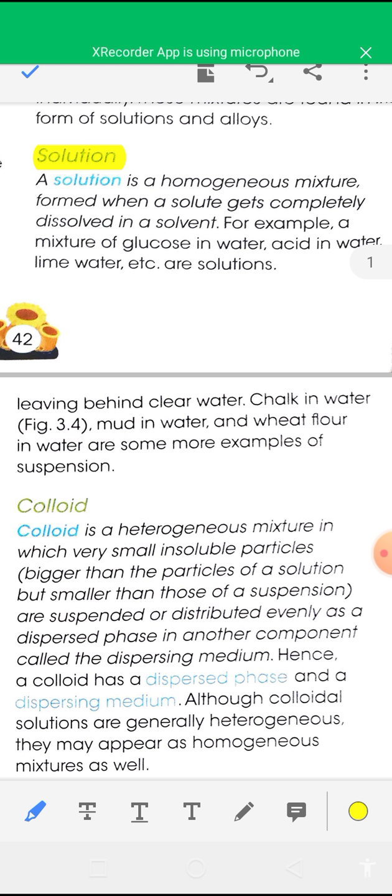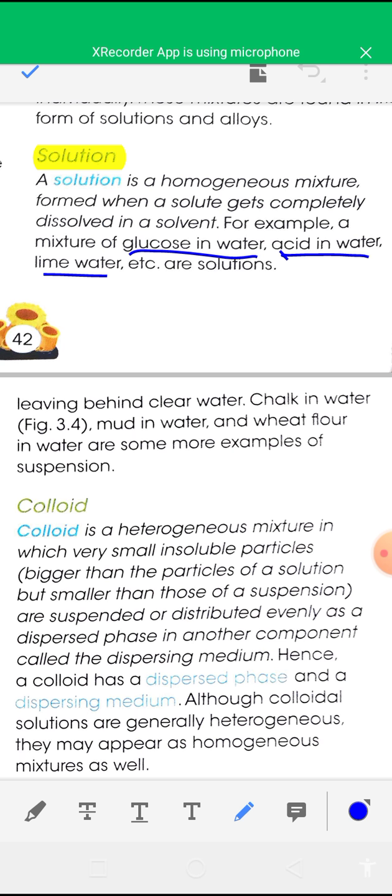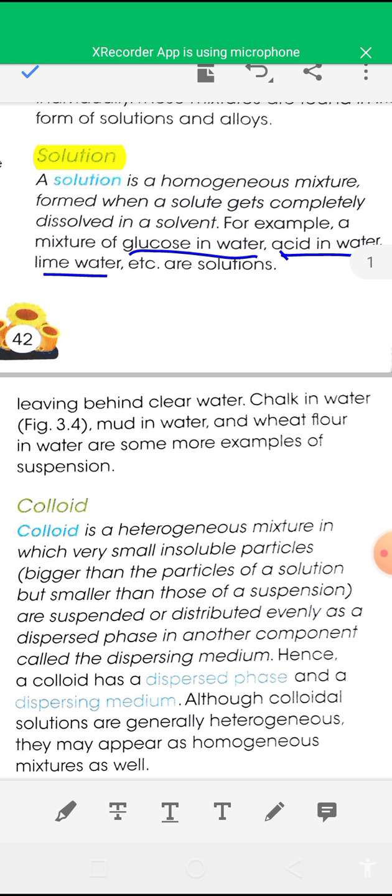For example, a mixture of glucose in water, a mixture of acid in water, lime water. All these are solutions and these are homogeneous mixtures. A solution is a homogeneous mixture in which the solute gets completely dissolved in the solvent.